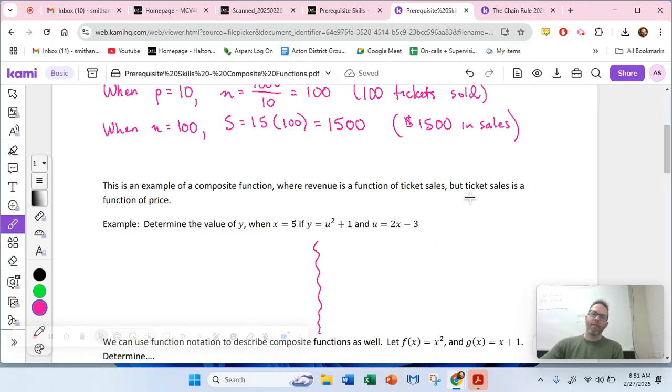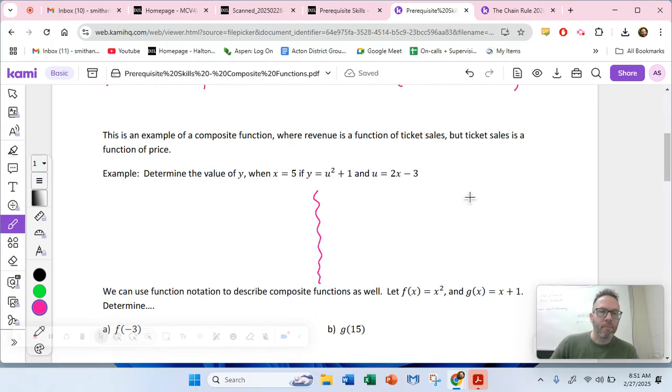Maybe we can go at it together the first way that we did up above. When X equals 5, U equals whatever. And then once you have that value of U, you can find the value of Y. I'm going to do my attendance while you do that, and then I'll show you a second method.